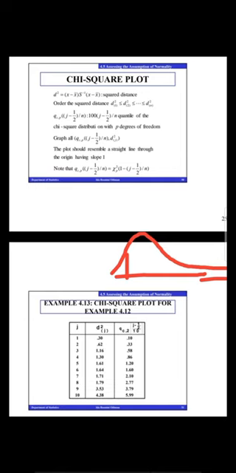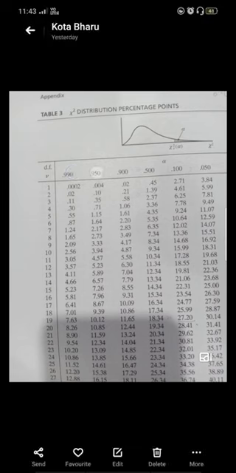For the first row, it will be Q2, 2 because p is 2, right? 2, and the value of probability is 0.05. It should be at the here.